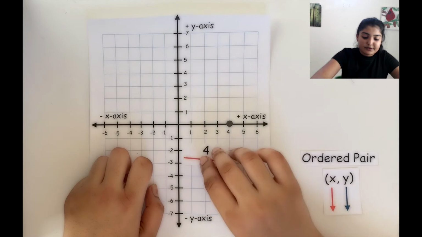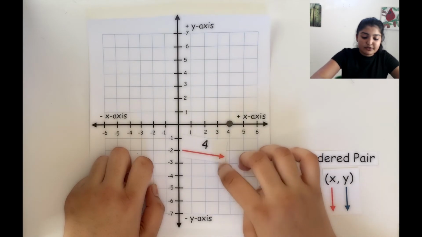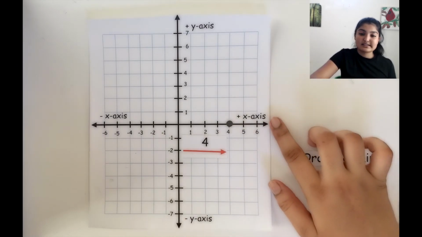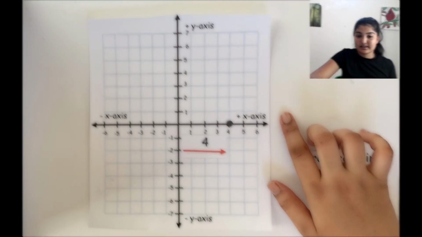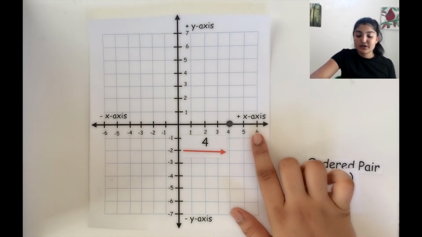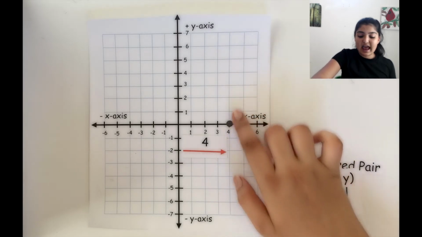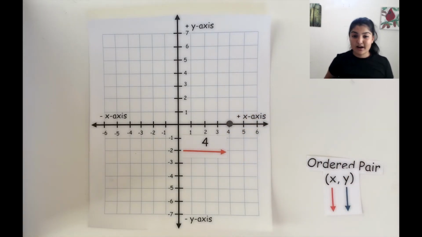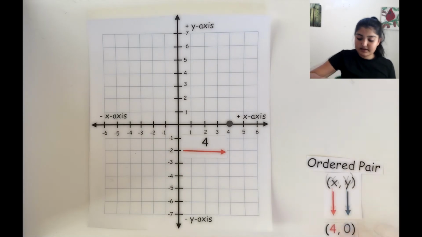So, we would move 4 units horizontally towards the positive x-axis. Now, since this point is already on the x-axis, we will not move in any vertical direction. So the ordered pair of this point is 4, 0.